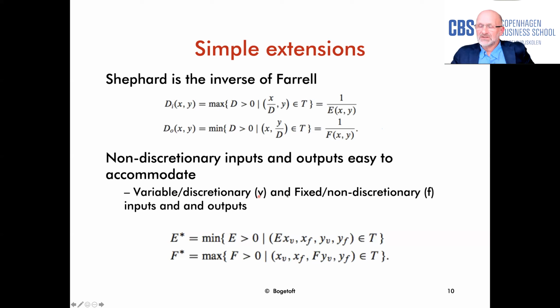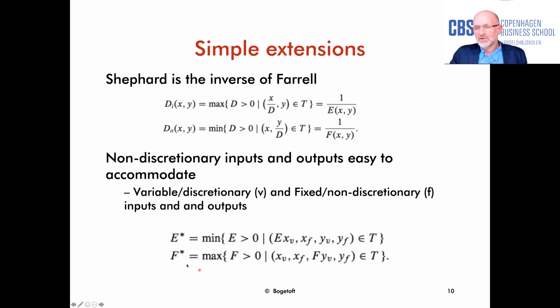So if you have such a situation where some variables can be changed but others cannot, and you want to measure now input efficiency, then you just try to say what's the proportional reduction of all the variable inputs that's feasible, when I have to end up with a production plan so that this reduced bundle of variable inputs and the fixed inputs, I haven't reduced that, and the variable outputs and the fixed outputs are still inside the technology.